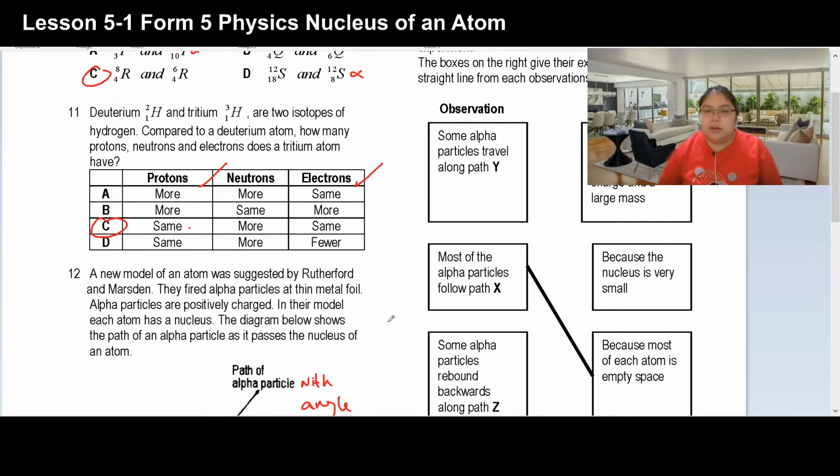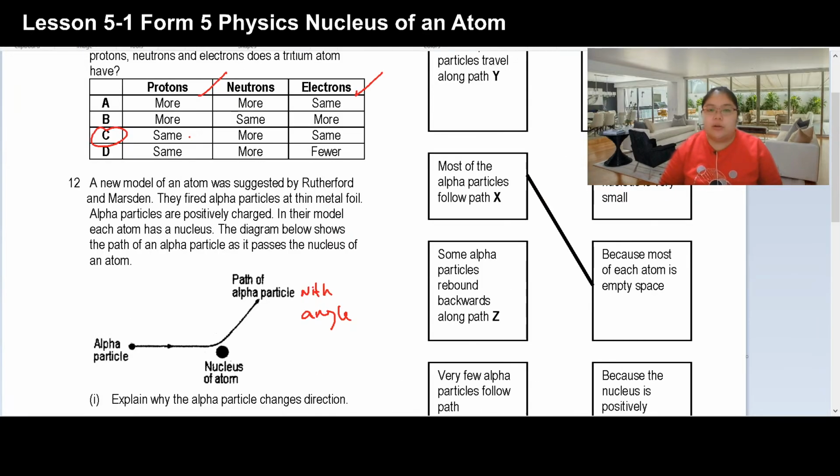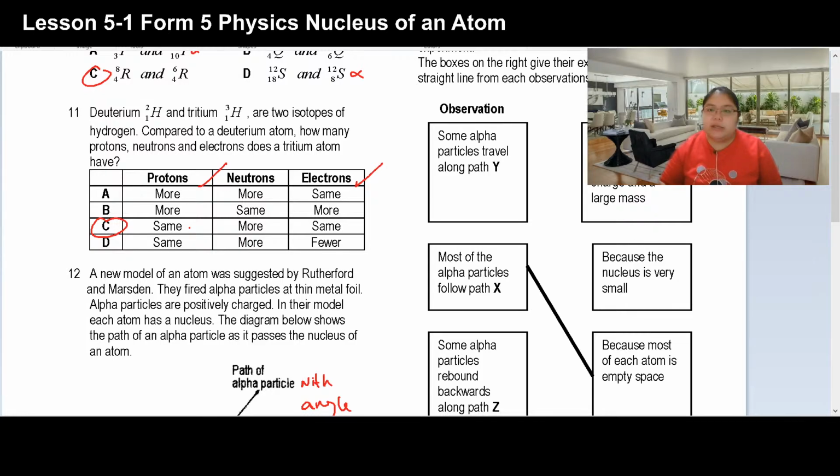Okay, let's see the first one. Most of the alpha particles follow path X. So the explanation is what? Because most of each atom is empty space. Okay, so this one is already answered for you. Now we continue with the next one. Because the nucleus has a very large positive charge and large mass.